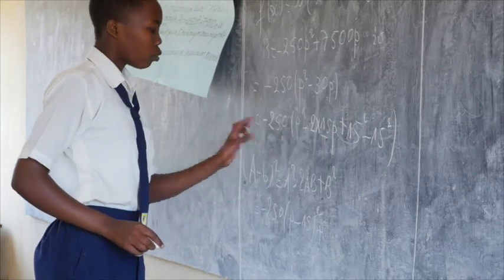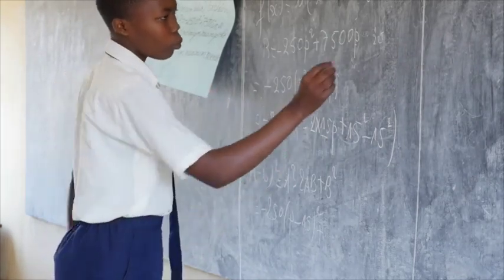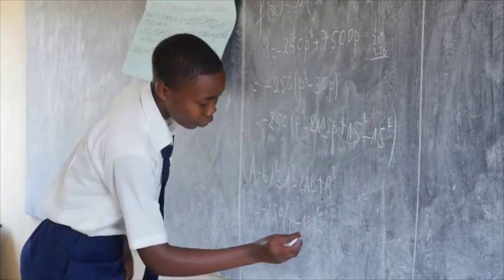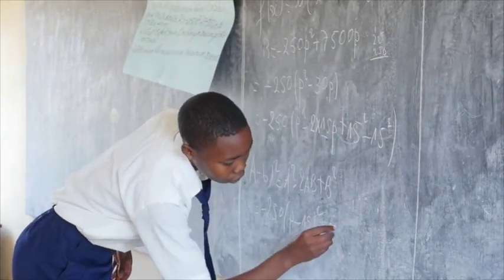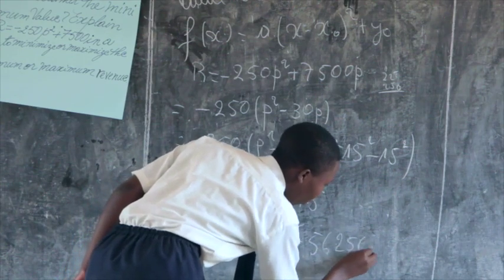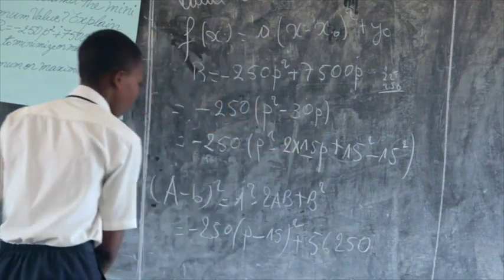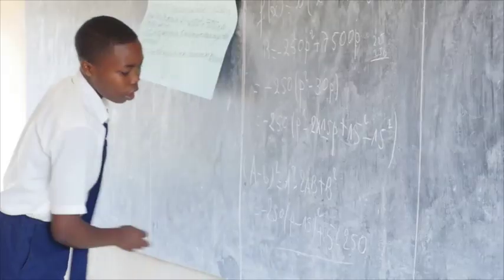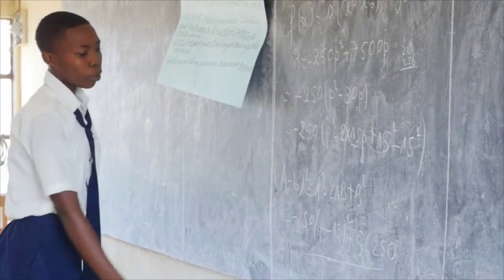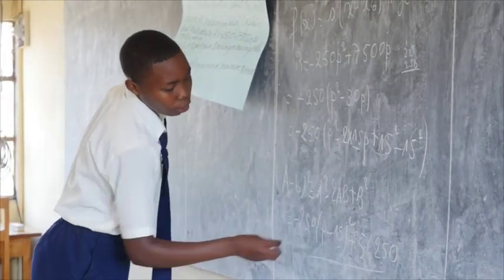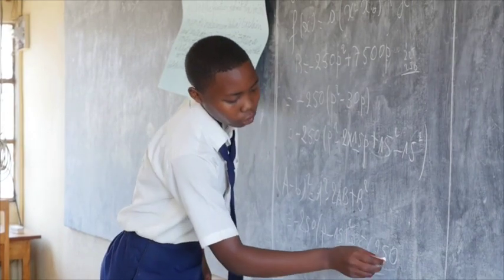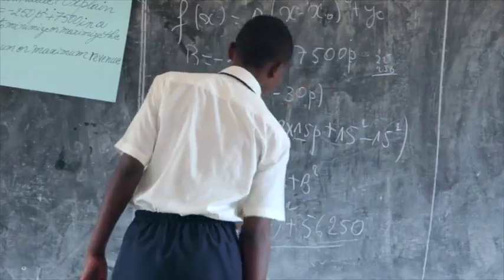Then 250 times 225 is equal to 56,250. Then this answer is vertex form, because this 15 is x naught, and this 56,250 is y naught.